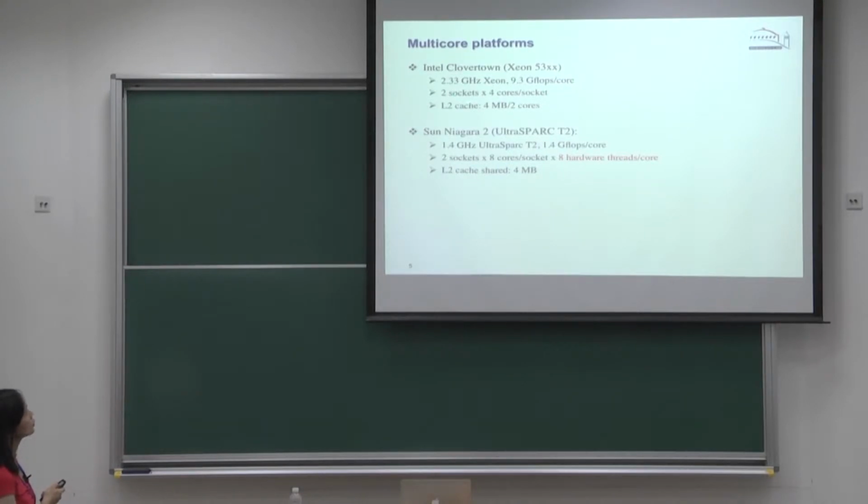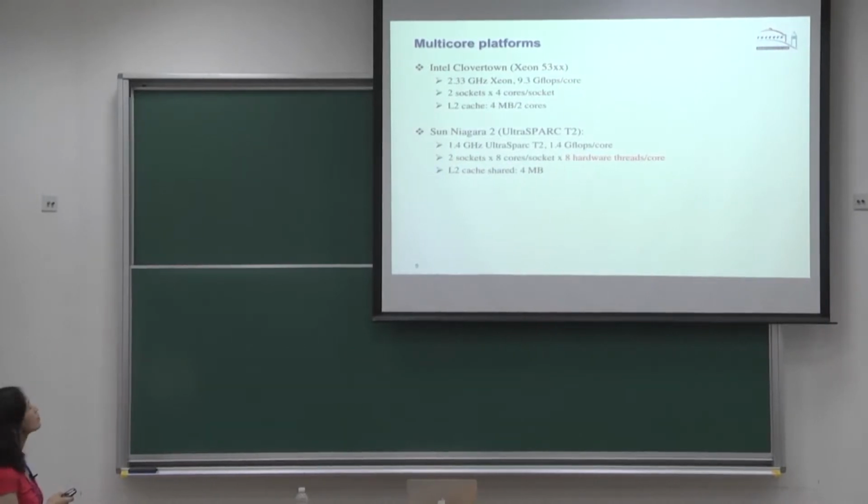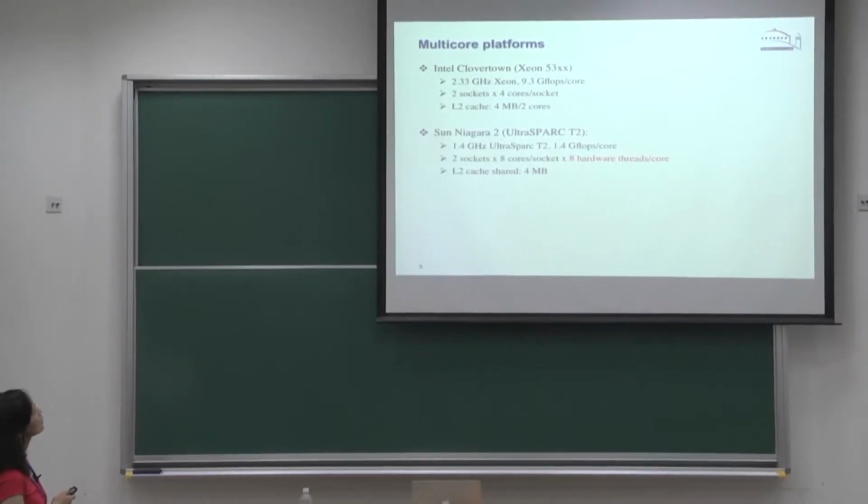They have 2 sockets, with 4 cores per socket. And the second machine is from Sun Microsystems, called Niagara 2. It's a SPARC architecture, a T2 generation. Each core is relatively simple, lighter than this one.